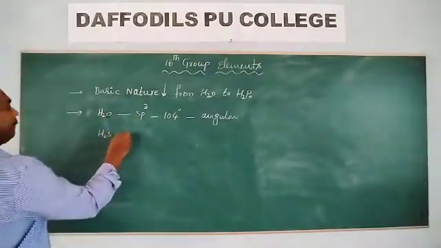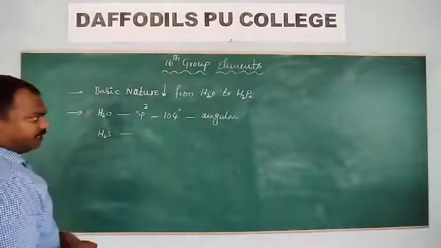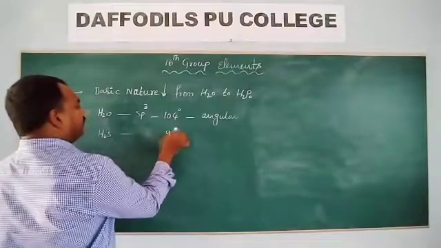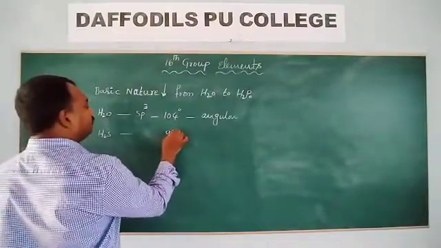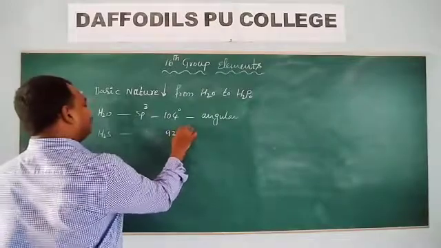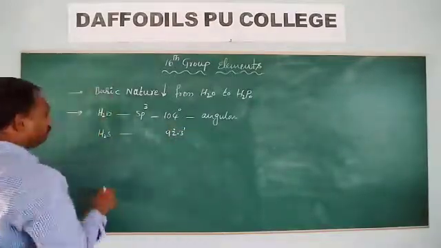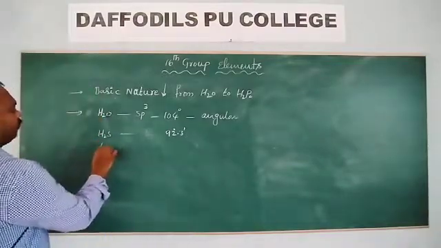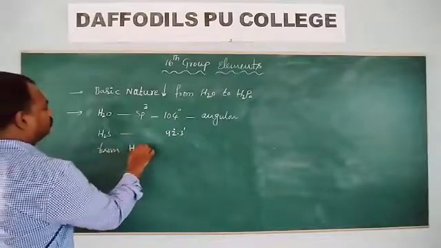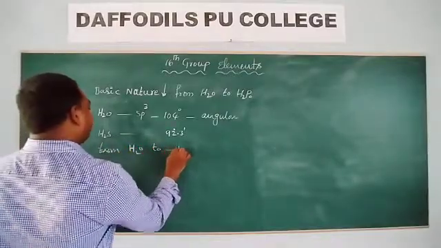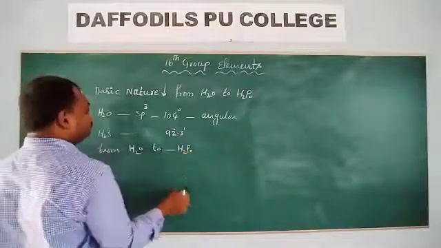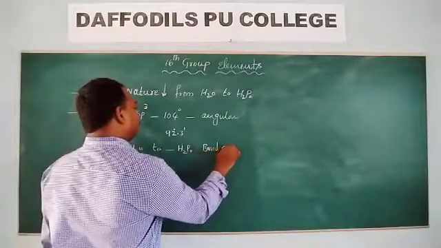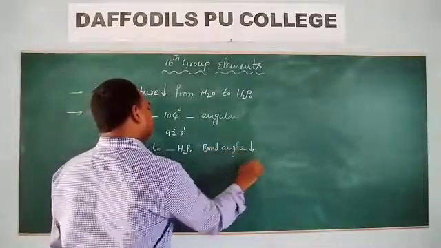H2S does not undergo hybridization. The bond angle is nearly 92.3 degrees. As we are moving from top to bottom, from H2O to H2Po, bond angle decreases.